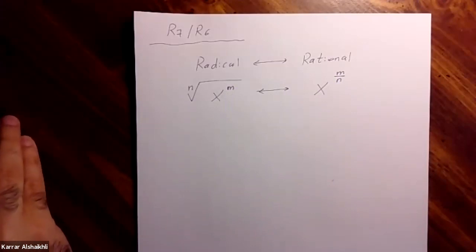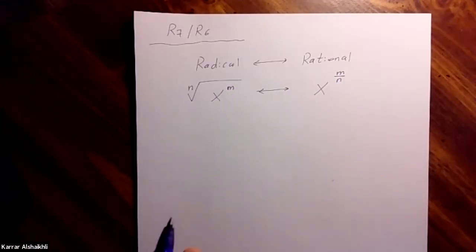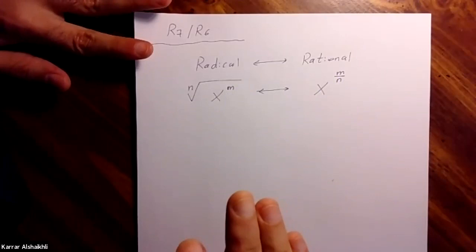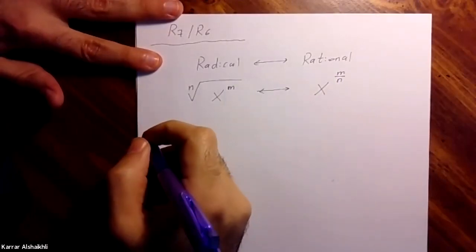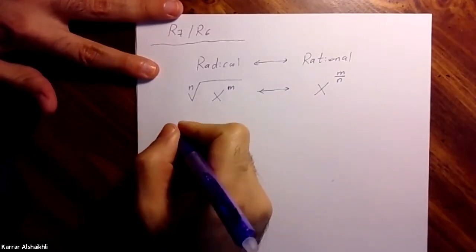Let's do an example about that so you will learn how to use the rule. For example, let's start with this example. Convert to rational exponents.